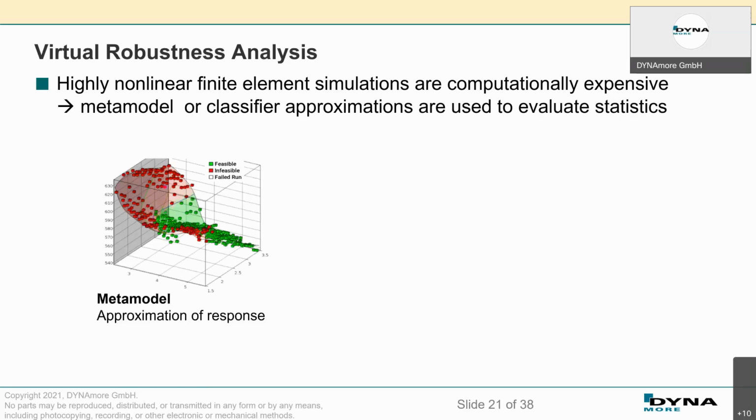What's the difference between a metamodel approximation and a classifier approximation? A metamodel approximates the response value directly, so we get a simple mathematical function that describes the relation between the input parameters and the output responses, like you see here in the example.